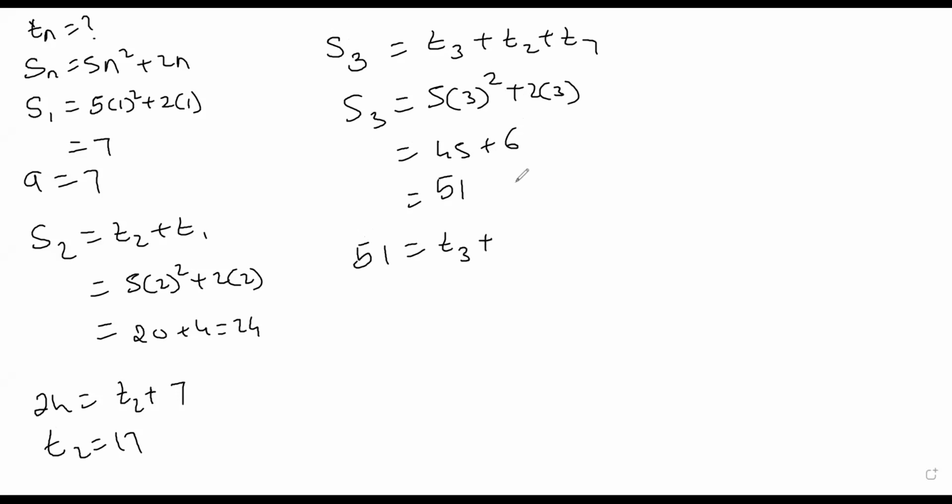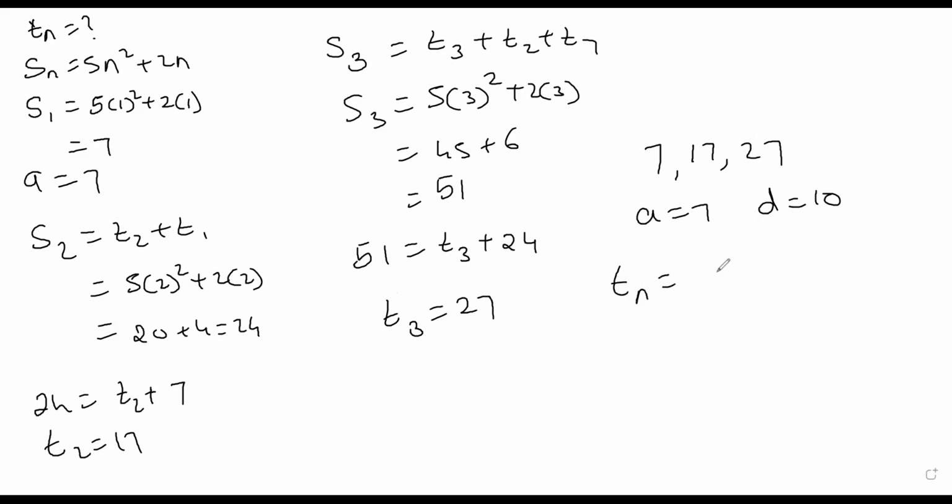T3 we don't know, but T2 plus T1 is 24. So T3 is 27. So your first term is 7, second term is 17, and third term is 27. Obviously A is 7 and d is 10.